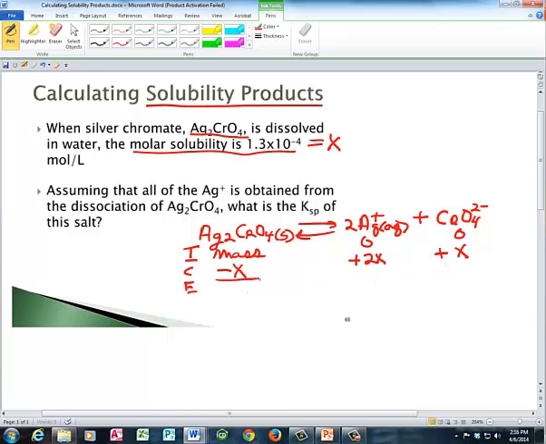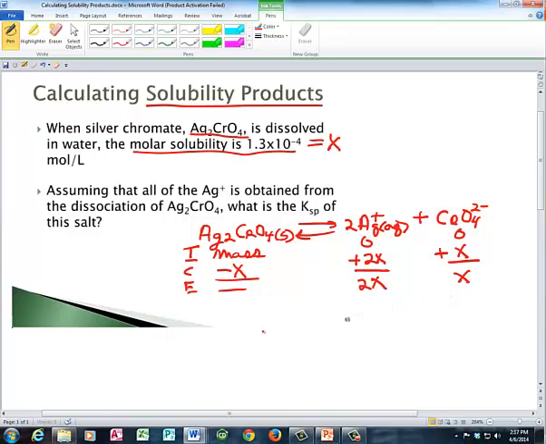Here we don't really care about the solid, we have a very tiny bit less mass. But for the products, we get 2X for silver ion and X for the chromate ion. And we realize that the value of X is equal to the molar solubility.